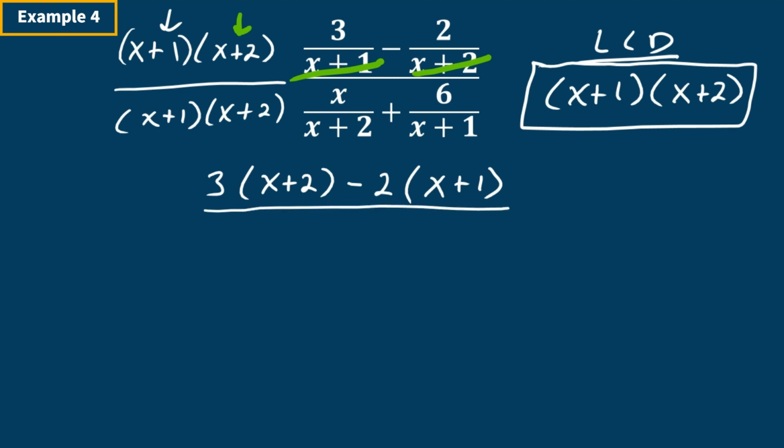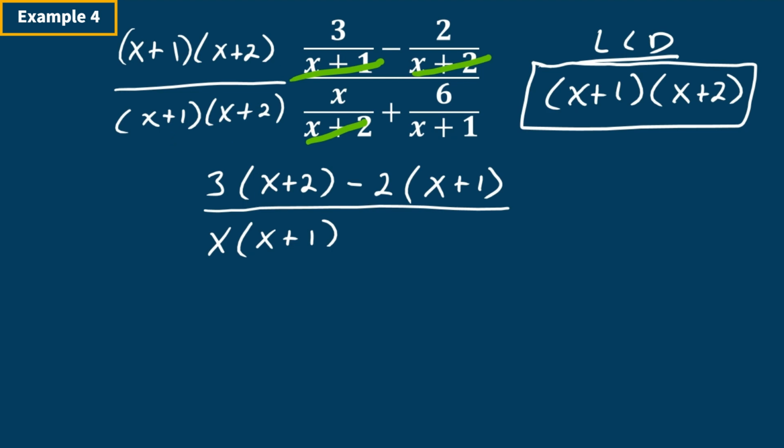That's going to be divided by, we do the same thing on the bottom. Looking at x over x plus 2, we can see that the x plus 2 is going to cancel with this one. And what we have left over is x plus 1. So we multiply x times x plus 1.